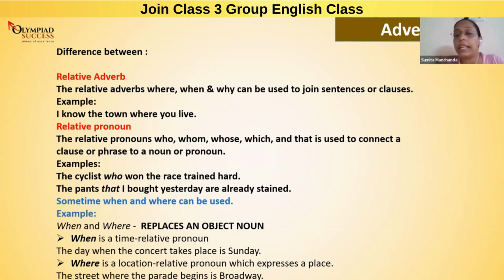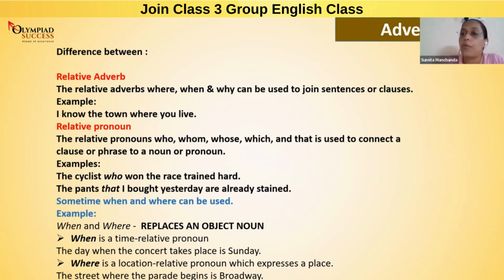But that is not the case in relative adverb. In relative adverb, you don't have anything to do with noun or pronoun. To connect the sentences, there is no need to have something related to a noun or pronoun in a sentence.